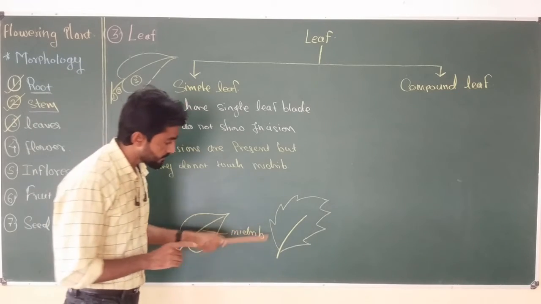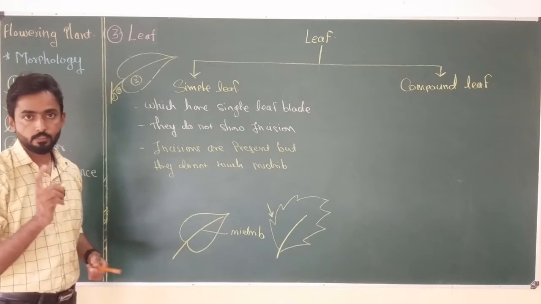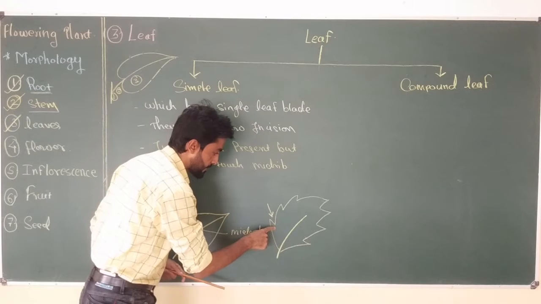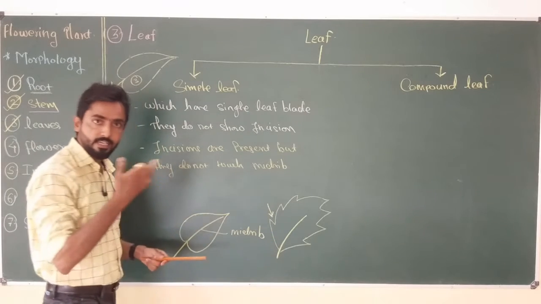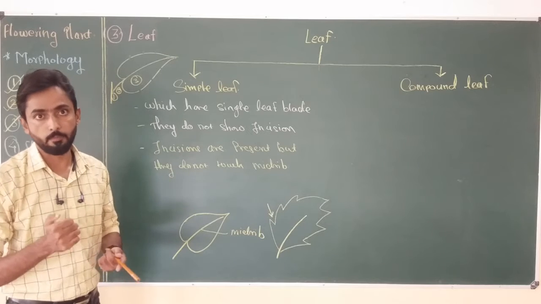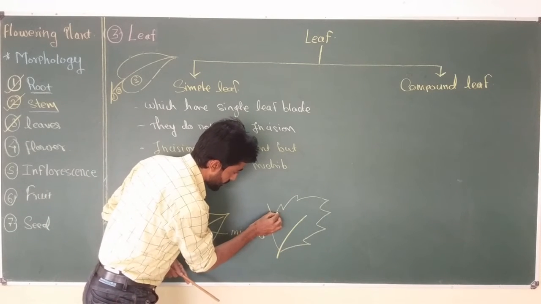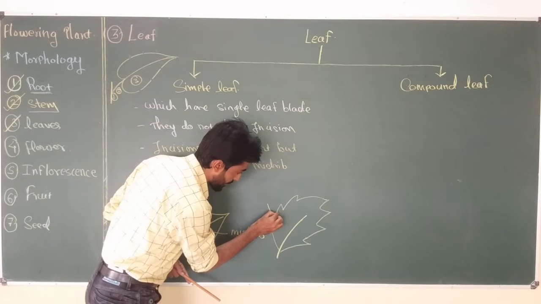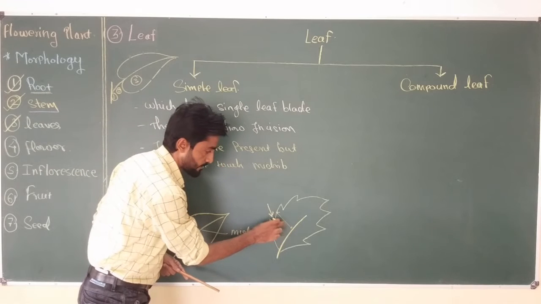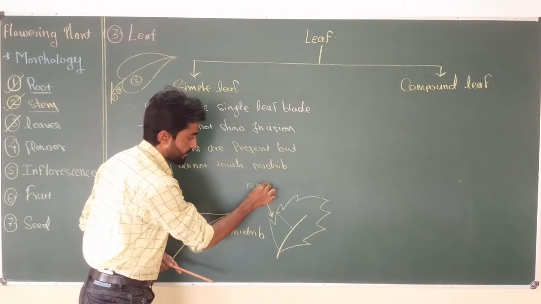Now the incision or cut present in the lamina is of three different types. Sometimes the length of the cut is less than half, sometimes half, and sometimes more than half. What is meant by this? Suppose we measure the length from the margin of the lamina to the midrib, and suppose this is 10 millimeter.